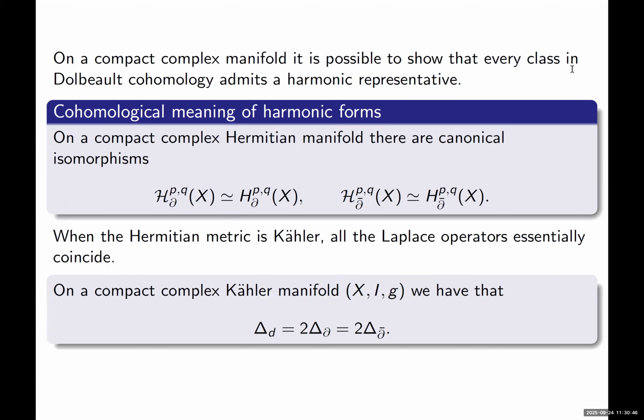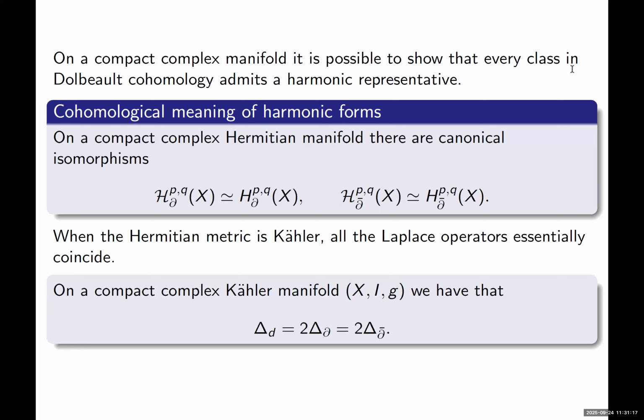Moreover, since every del bar harmonic form is actually also del bar closed, we have a natural map from the space of (p,q) del bar harmonic forms into the (p,q)th Dolbeault cohomology group with respect to del bar, the one sending the form to the class it represents. And it happens that on compact complex Hermitian manifolds, these are isomorphisms.